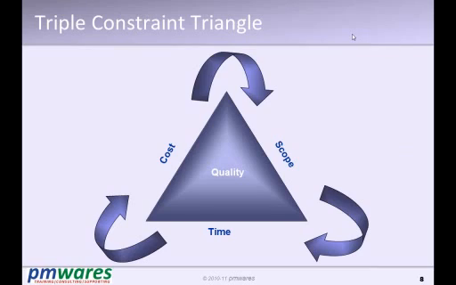Actually quality is in the middle because all the knowledge areas like cost, scope, and time are directly related to quality. If quality is low or not within the acceptable limits, it directly affects the cost. There will be extra charges or extra cost to rectify things, and at the same time it will take more time also.